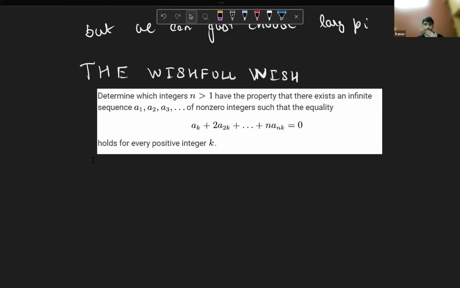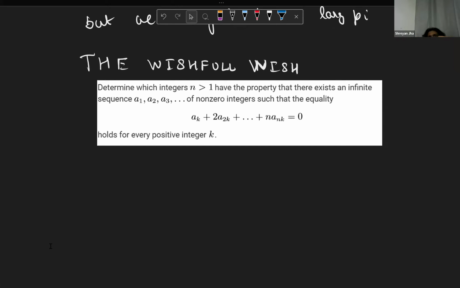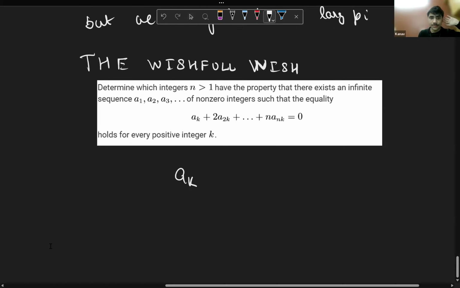Try the problem. Multiply both sides by k.